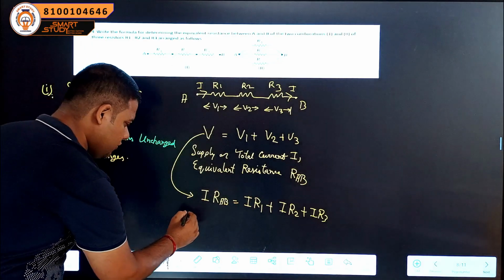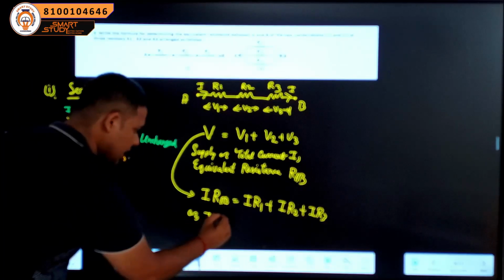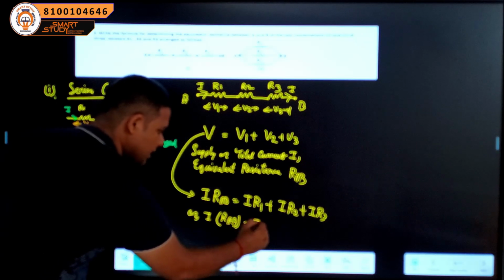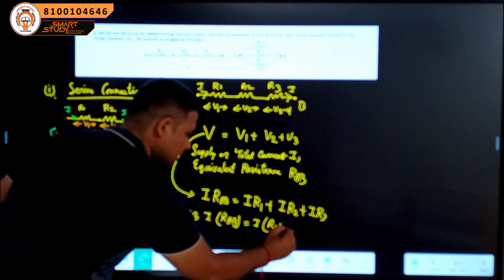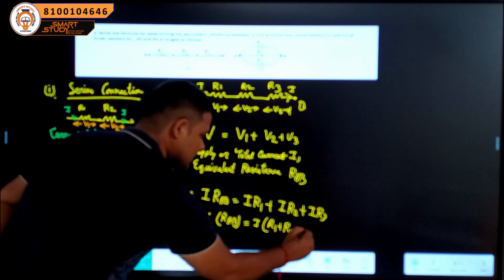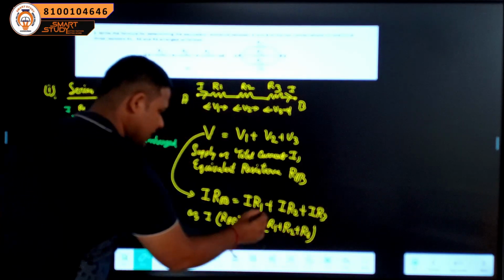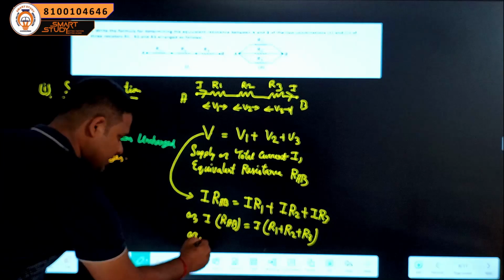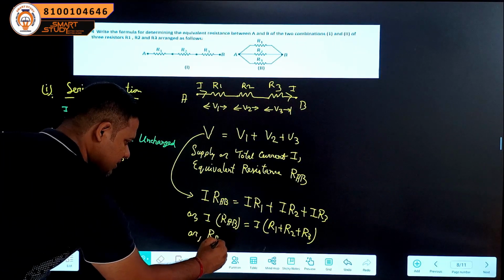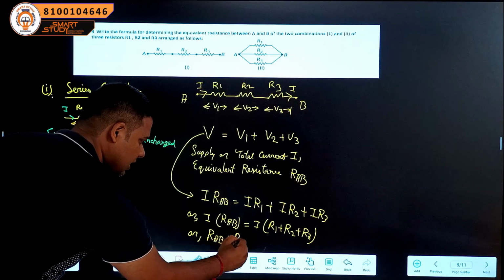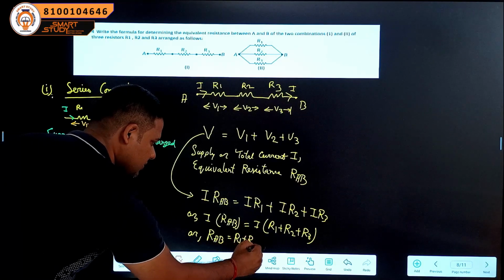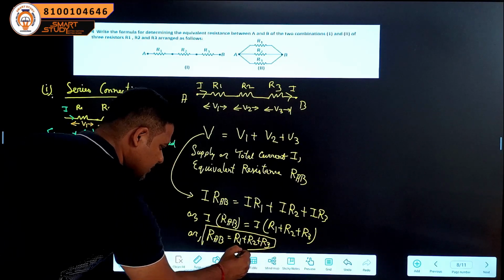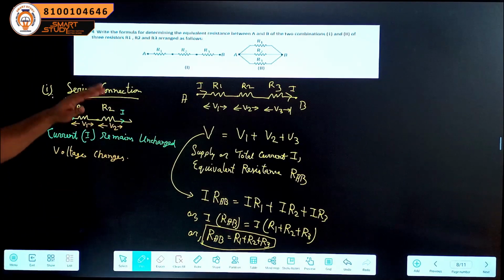Now we take the current common: I Rab equals I times R1 plus R2 plus R3. Now I is cancelled from both sides. So our required equation is Rab equal to R1 plus R2 plus R3. This is the derivation for the series connection.